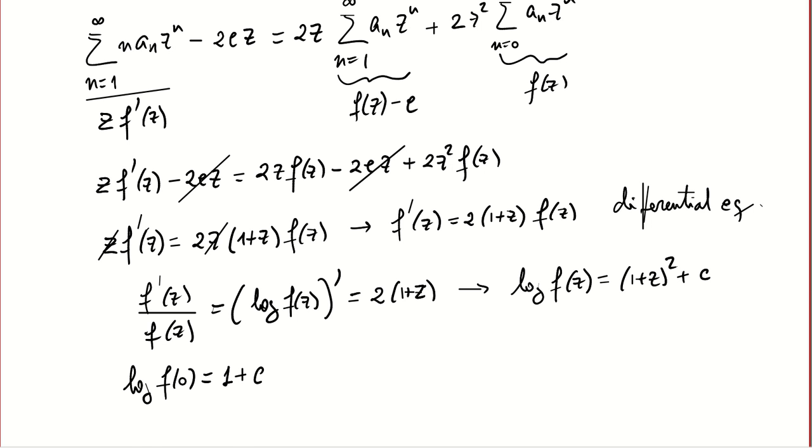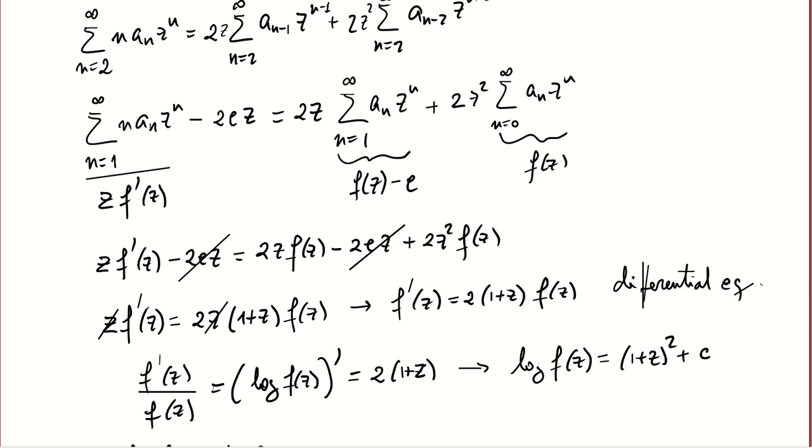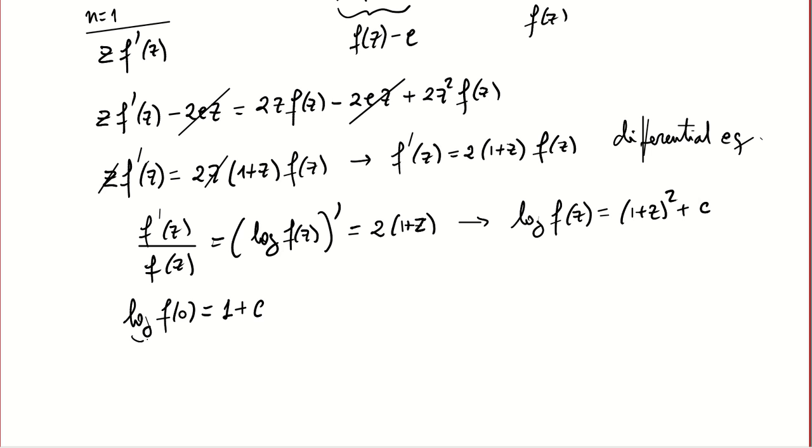Well, if you go to the definition of the generating function and make z equal to 0, the only term that survives in this sum is the 0 term. So it's a0, okay? And a0 is e. So this term is log a0, which is log e, which is 1.